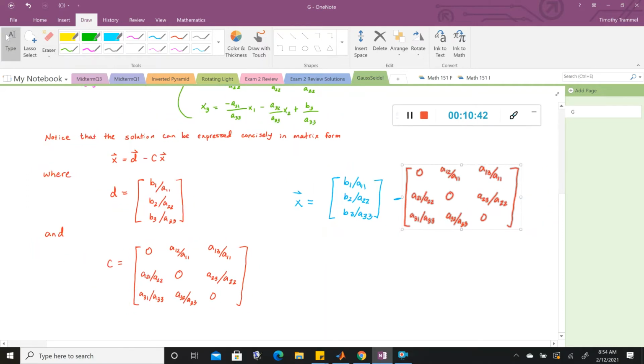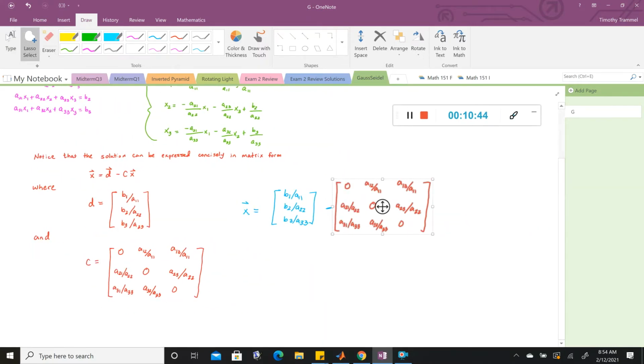And right, we still wanted to do this times x. So then up here we should have x1, x2, x3. Okay. All right, well, let's do some multiplication. I want to do this operation here first.